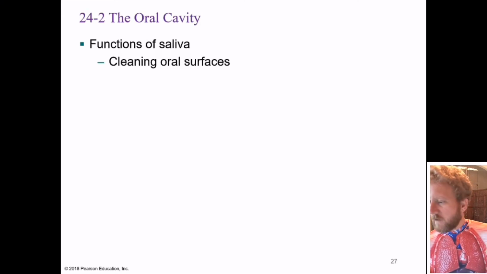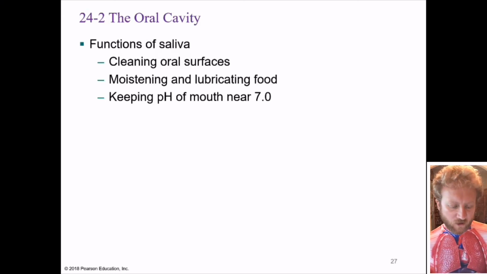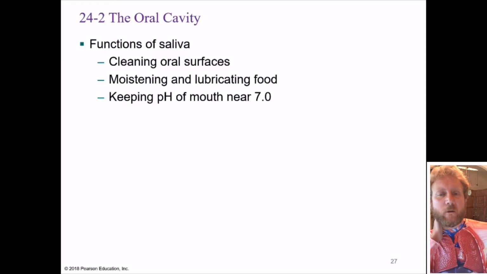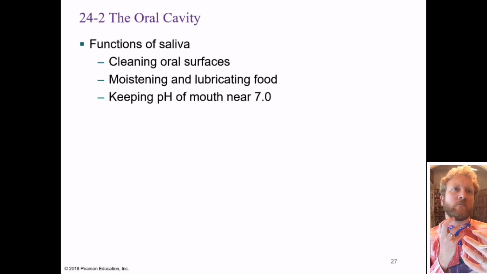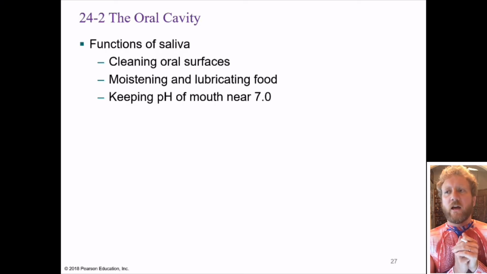It also moistens and lubricates food, getting ready to just swallow it. It keeps your mouth pH around 7, so if you're eating some lemon juice or you're eating something really bitter, that's probably going to be pretty basic. Your saliva is going to help sort of neutralize that, because we don't want things to get really outside of 7. Most places can't really handle things too acidic or too basic.